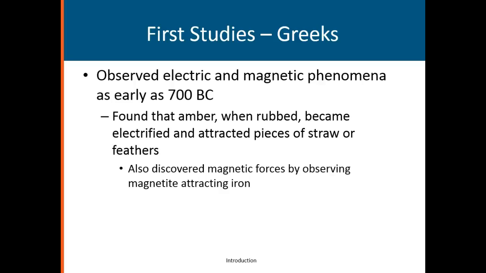In other words, anything that contains iron, but not only iron. We'll talk about a little bit more of this later. But the Greeks discovered both of these completely separately and didn't think they had anything to do with each other. In fact, it was a long time before anyone realized they did.